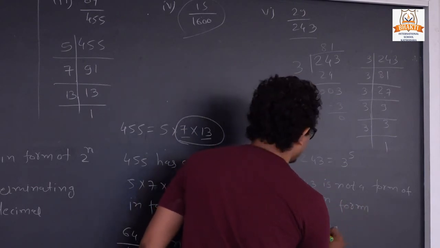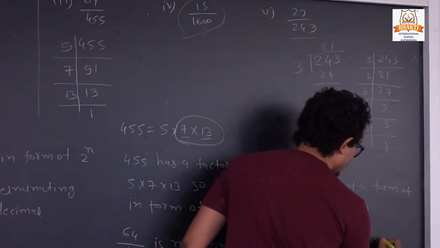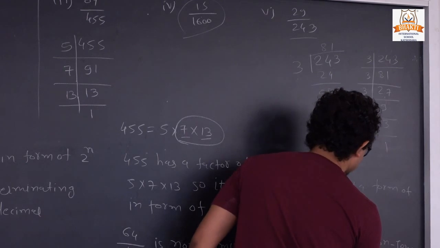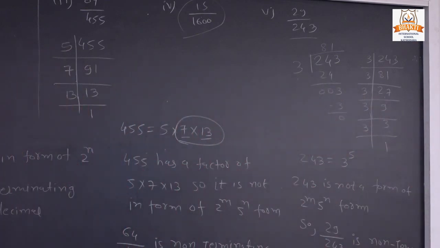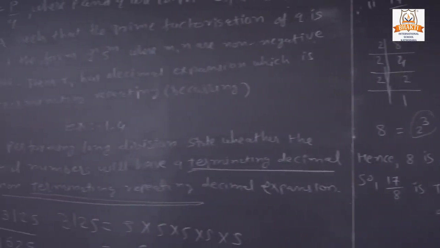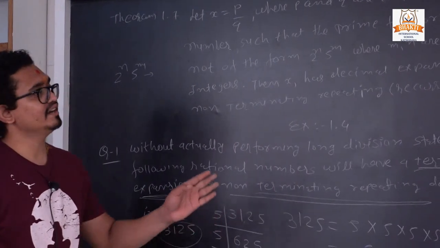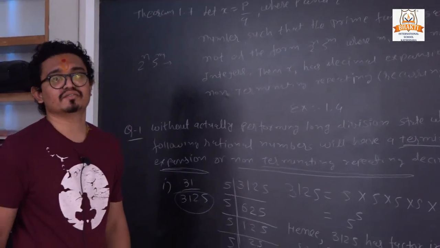So 29 upon 243 is a non-terminating decimal expansion. So from all that exercise we can conclude that either it is in a terminating decimal expansion form or it will be in the non-terminating decimal expansion form.